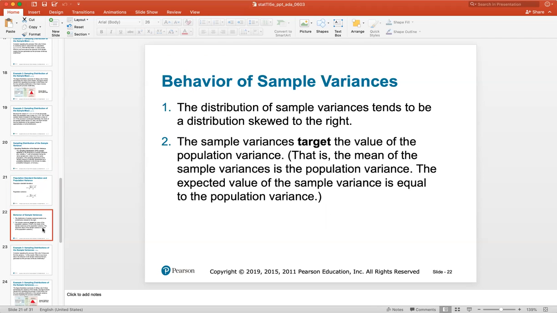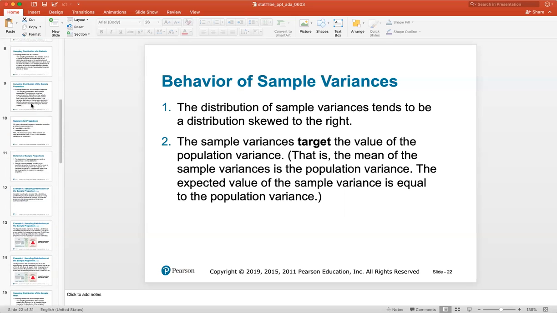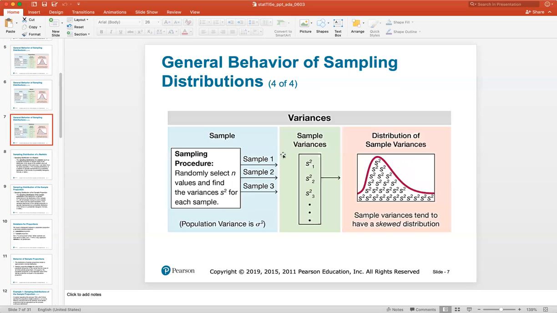Now, the distribution of the sample variance tends to be skewed to the right. Skewed to the right means that the right tail is longer than the left tail. You see that here, the right tail is longer than the left tail. In this case, we say the graph is skewed to the right.